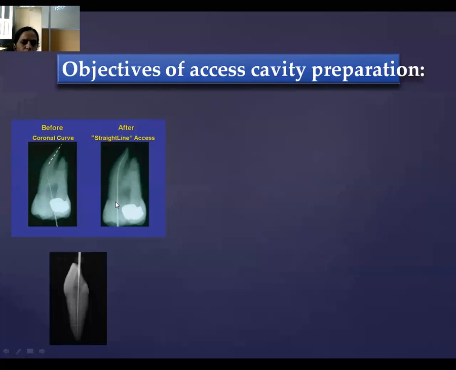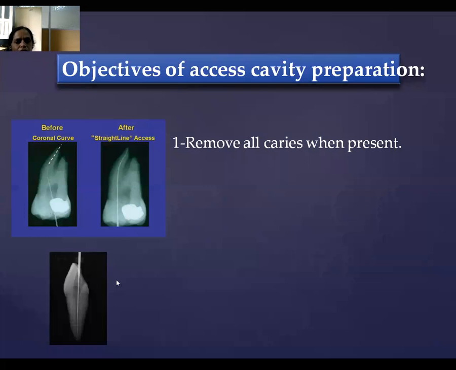It should not obstruct in the pulp chamber or on the pulp chamber floor. We want straight line access into this apical foramina. Your instrument should not obstruct in the pulp chamber area.